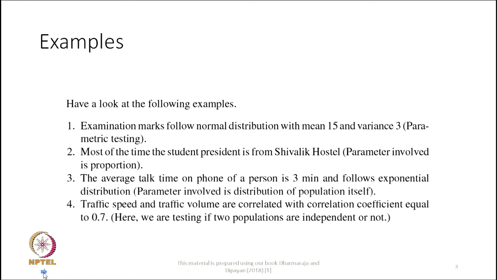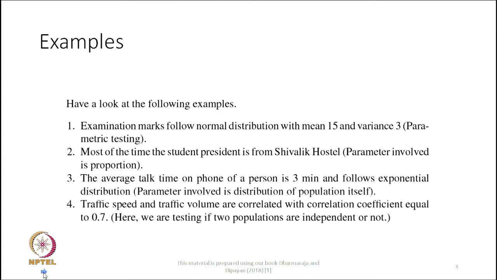The average talk time on a telephone by a person is 3 minutes and follows an exponential distribution. The parameter involved is the distribution of the population itself. The fourth example: traffic speed and traffic volume are correlated with correlation coefficient equal to 0.7. Here we are testing if two populations are independent or not.